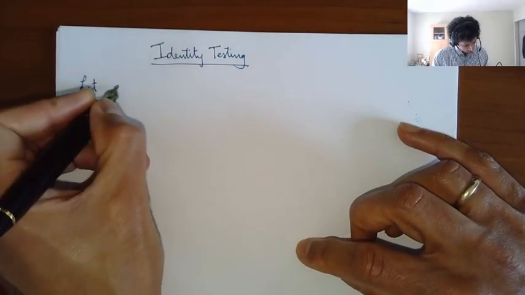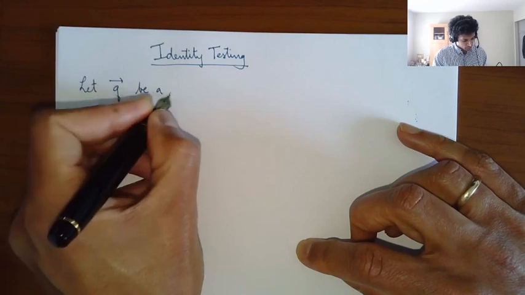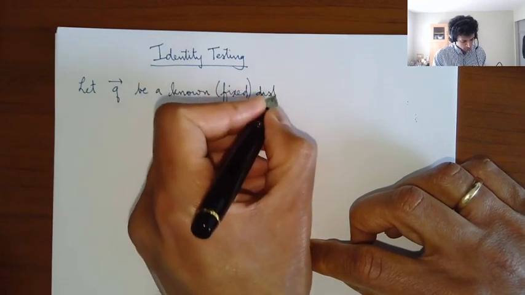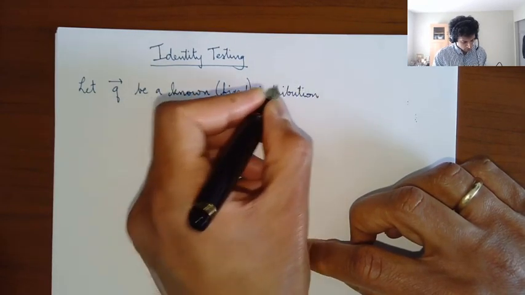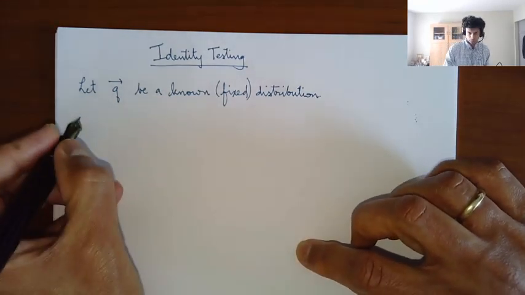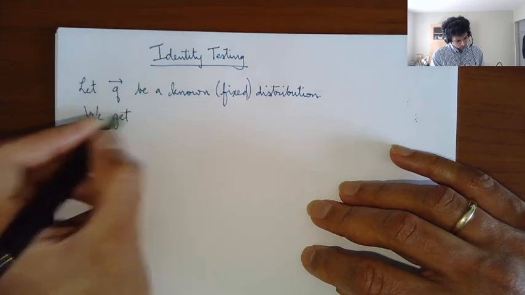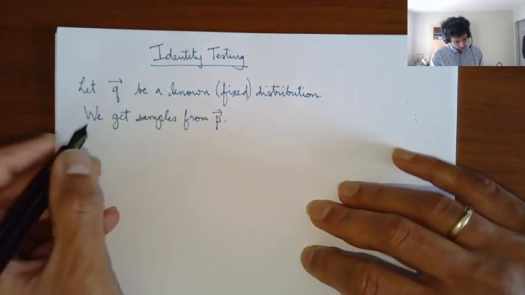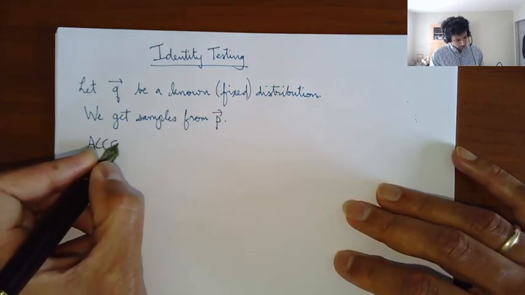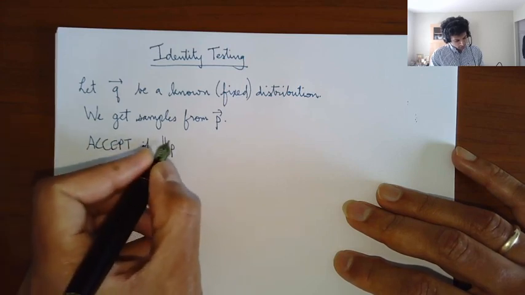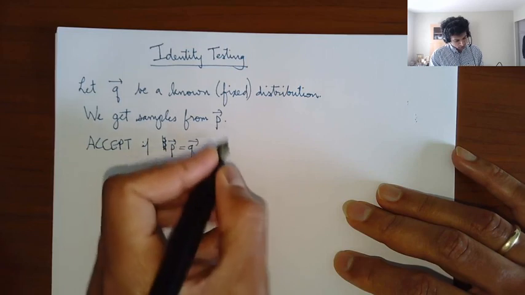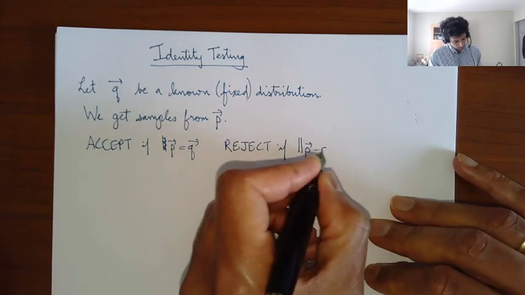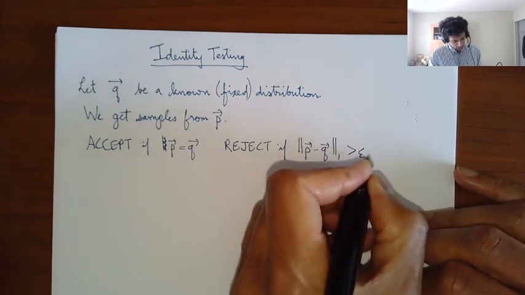Here, instead of uniform, you could say that Q is a known fixed distribution, and we get samples from P, and we want to accept if P is equal to Q, and reject if P minus Q, in, let's say, L1 distance is more than epsilon.